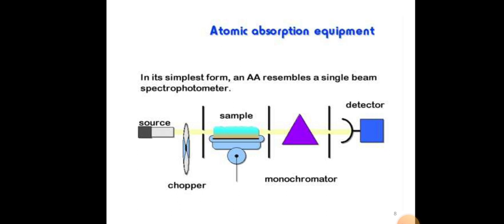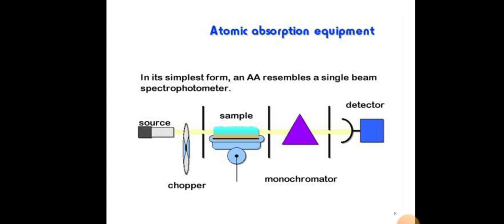You see, we have the emission of the lamp, and then we have the emission of the flame. In atomic absorption spectroscopy, we should distinguish between these two emissions, and the chopper is the device that does this for us.